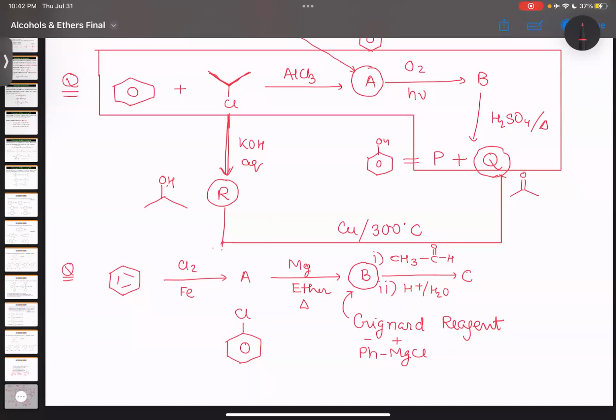Right? And you have an aldehyde being taken. So what will happen between this Grignard reagent and the aldehyde which is taken?